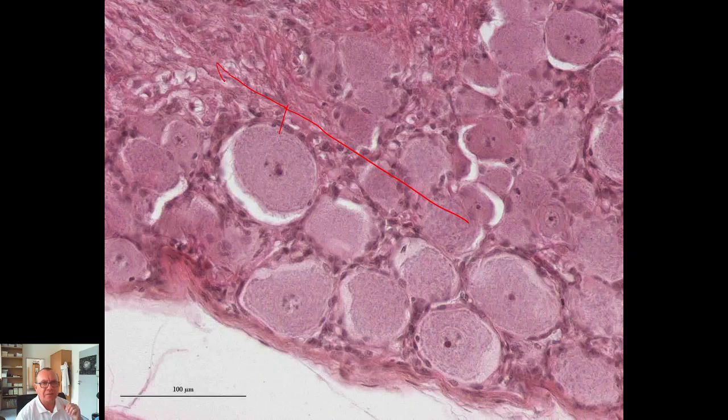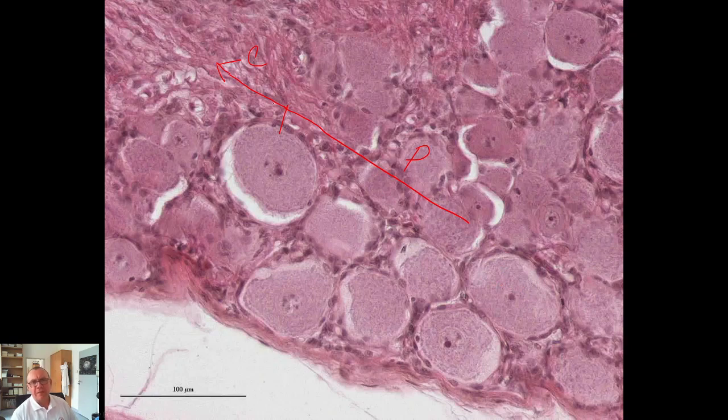One is the central branch, which goes to spinal cord or brain if it is the cerebral ganglion. The second goes to periphery, and it's called the peripheral branch, central branch and peripheral branch. And this peripheral branch carries impulses from the peripheral sensitive endings.